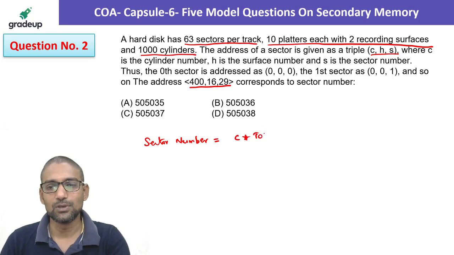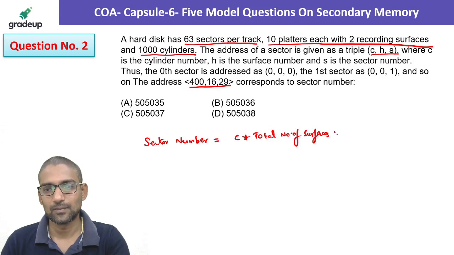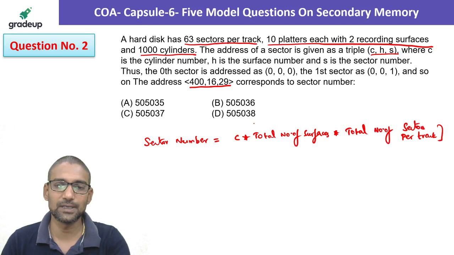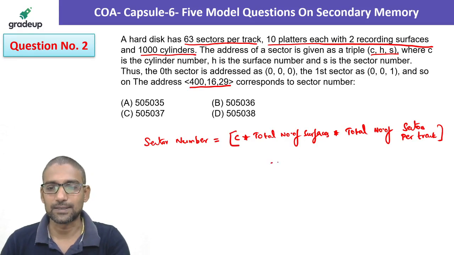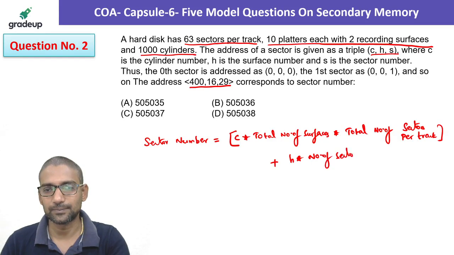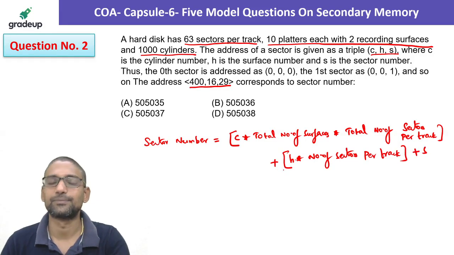C into the total number of surfaces into the total number of sectors per track, plus H into the number of sectors per track, plus S. So this would be: C is 400.